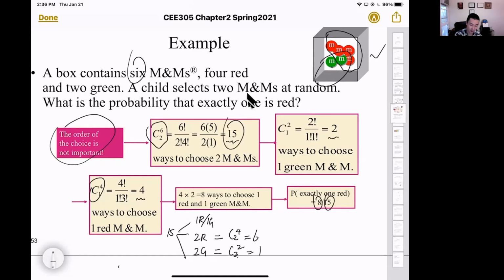And then the chance we get 1 green and 1 red will be the remaining: 15 minus 6 minus 1. So we have 8 ways, so 8 over 15.